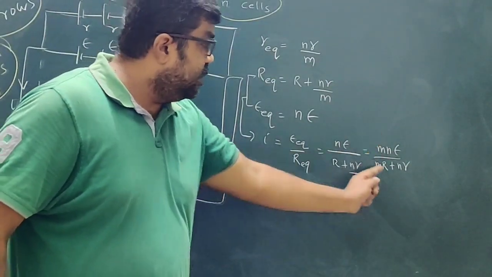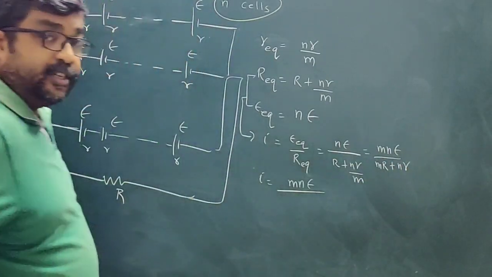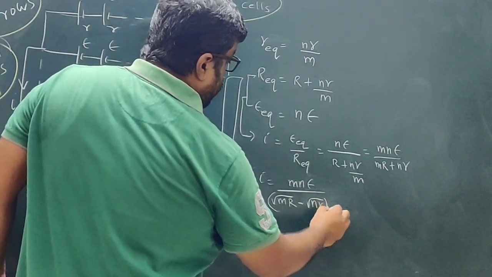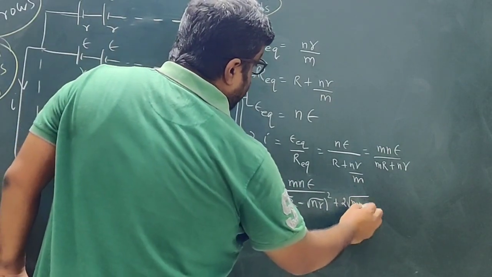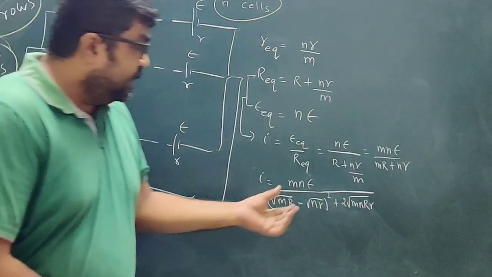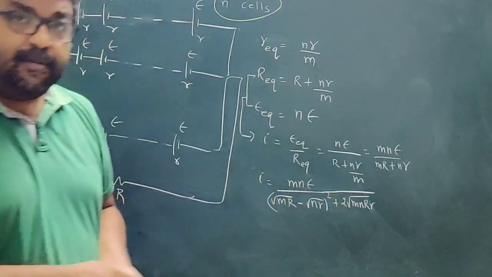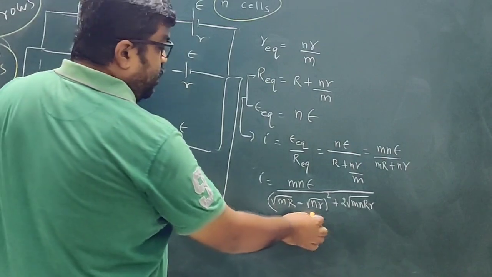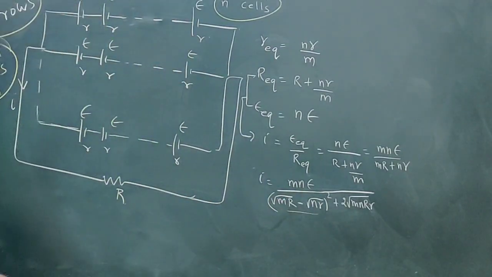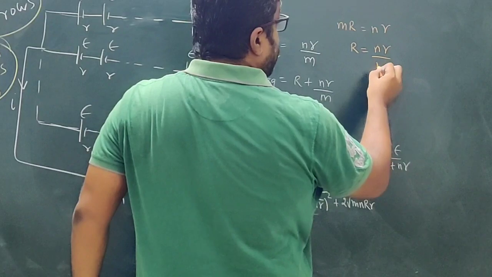Now this term can be rearranged as I equal to mnE divided by the square of root mR minus root nr, plus 2 times square root of mnRr. Now if I need to find the value of maximum current, this current will be maximum when the denominator is minimum. The denominator will be minimum when this quantity is 0, and this quantity will be 0 if this is equal to this, means mR equal to nr, or R equal to nr by m.